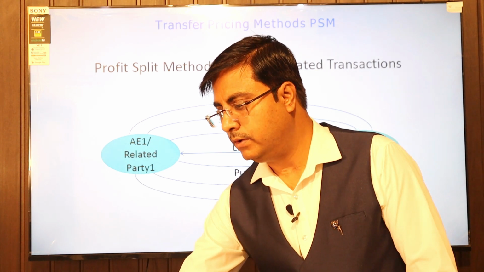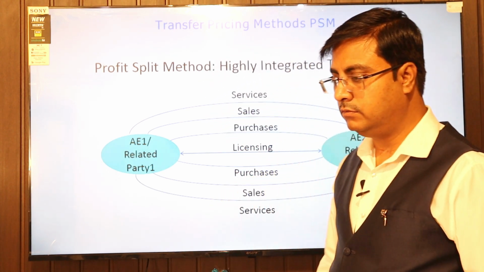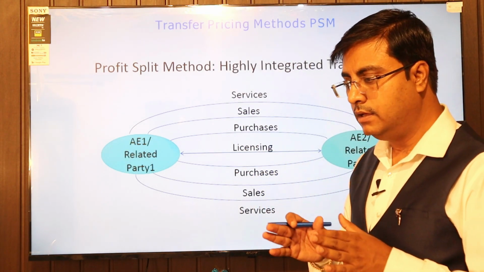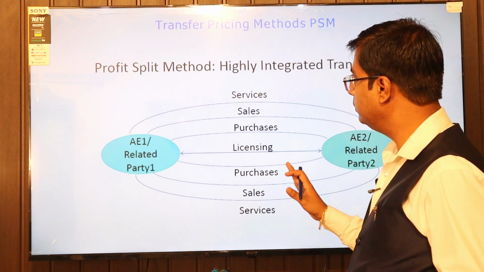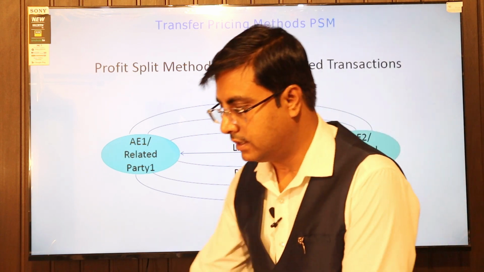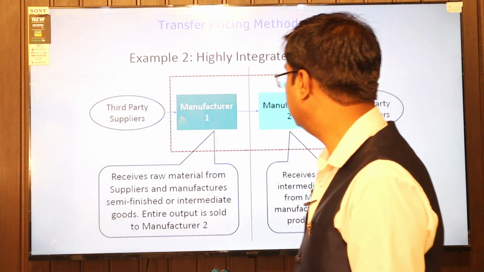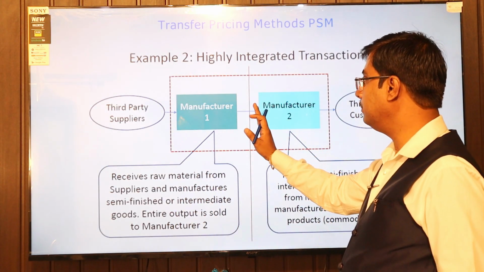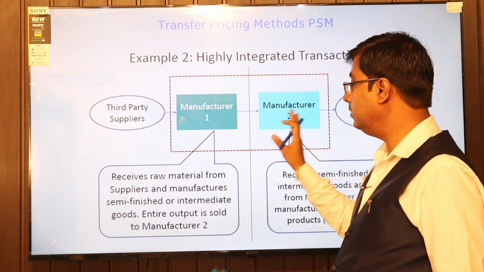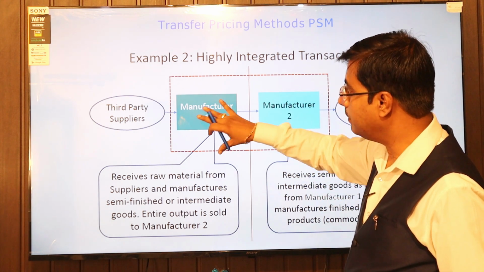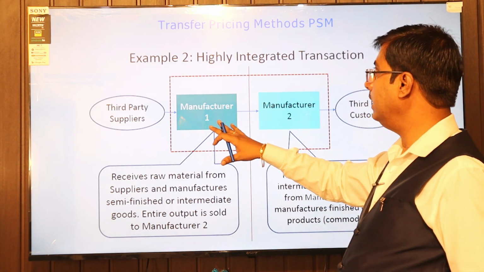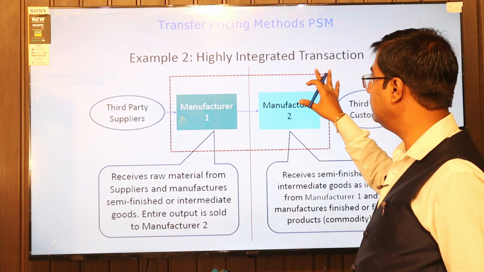So profit split method is applicable when a highly integrated transaction is there. So this is a highly integrated transaction in respect. Suppose AE in India is doing some kind of manufacturing activity. This process can't be completed without the involvement of the other party, because the other party has a highly integrated transaction.